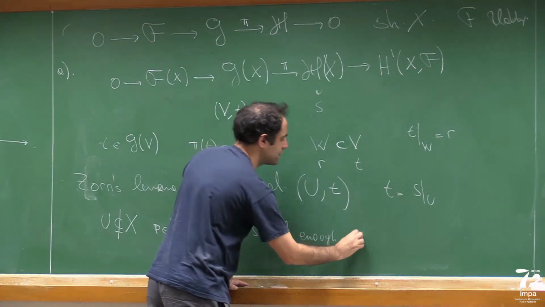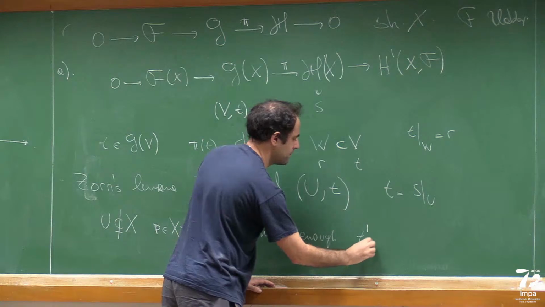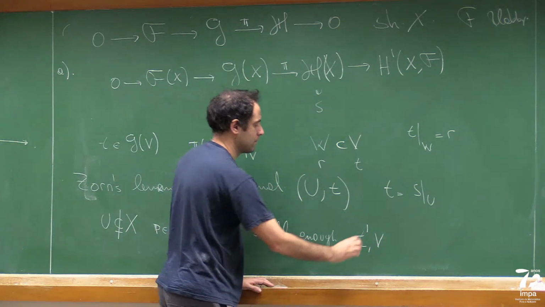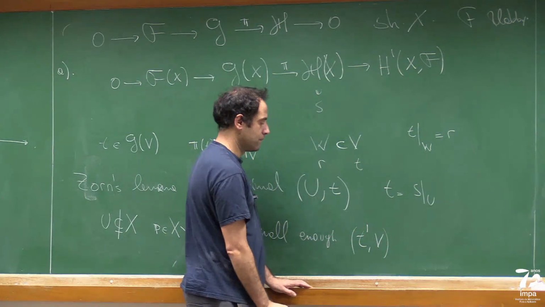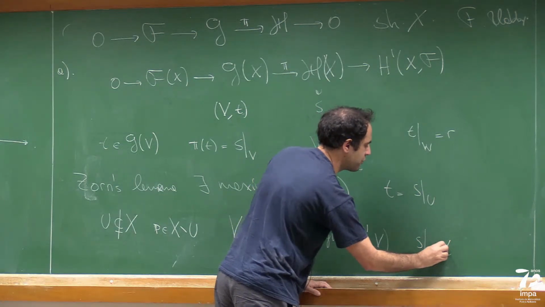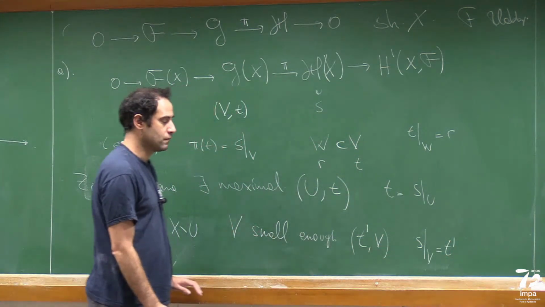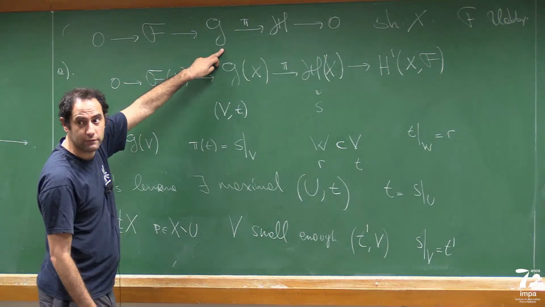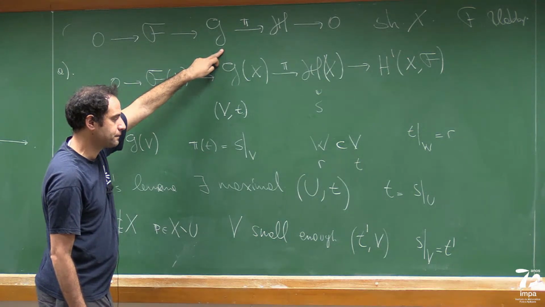So we have some T prime on V such that S restricted to V is equal to T prime. This we know because pi is surjective again, as Bruno pointed out.